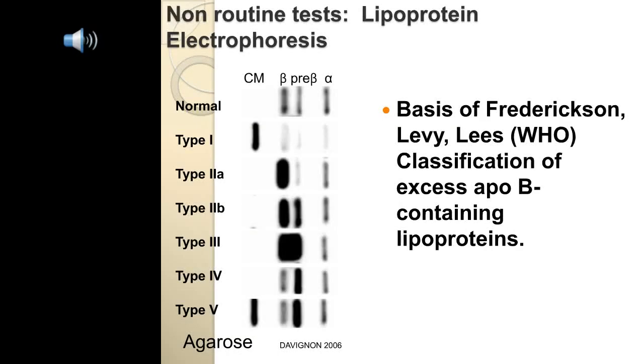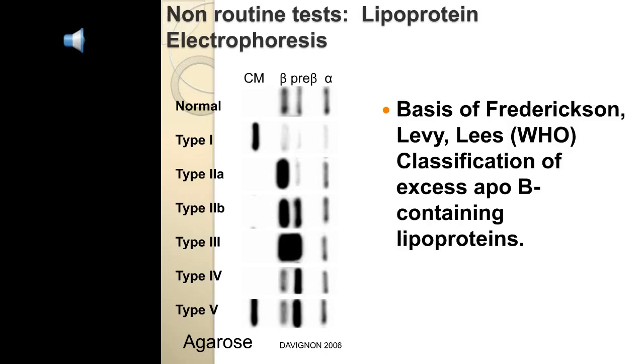If we continue to consider the non-routine lipoprotein and lipid tests, we can think of a handful of electrophoretic techniques which are used for cardiovascular disease assessment. These have been used for a very sustained period of time. They were one of the earliest investigations, and they form the basis of the Fredrickson classification, or WHO classification, for hyperlipidemia.